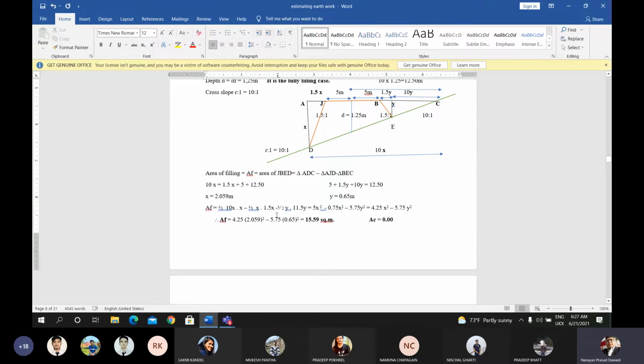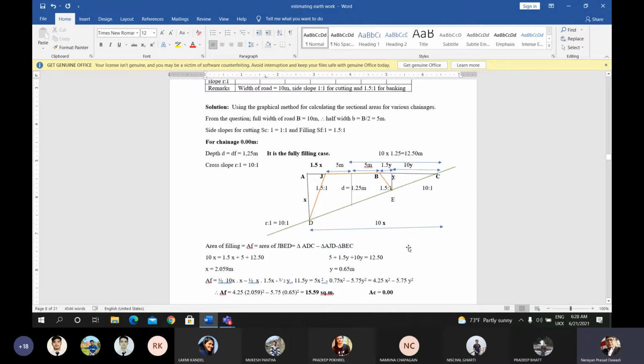Now you can use this formula to calculate the filling portion, this red sectional area. Put the values of x and y in this, and you will get the area of filling as 15.59 square meter. Because it is a fully filling case, there is no cutting, so the area of cutting will be 0.